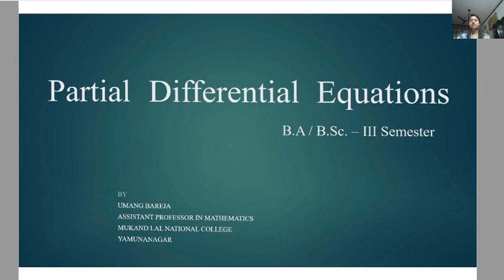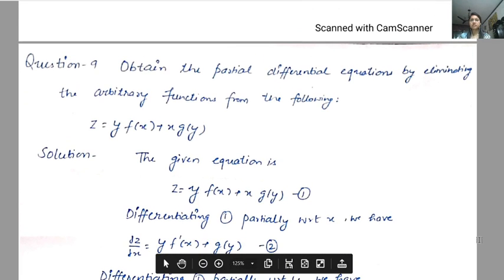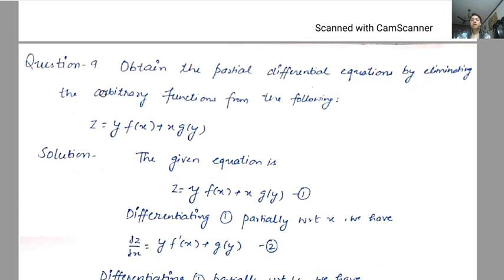Hello students, in this lecture we will do some questions based on formation of partial differential equation by eliminating arbitrary function. This is question number 9 of exercise 1.2. Obtain the partial differential equation by eliminating the arbitrary functions from the following: z equals y f(x) plus x g(y).